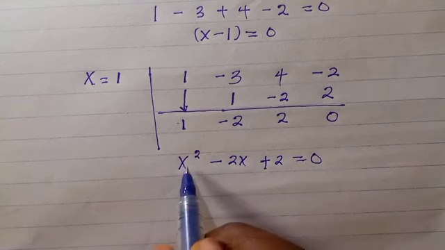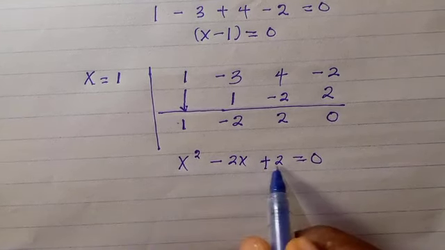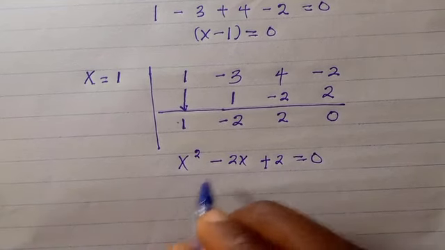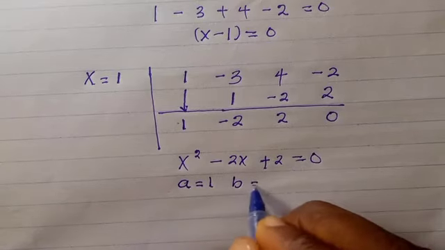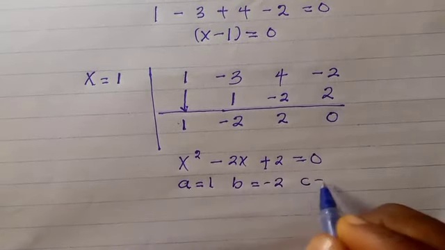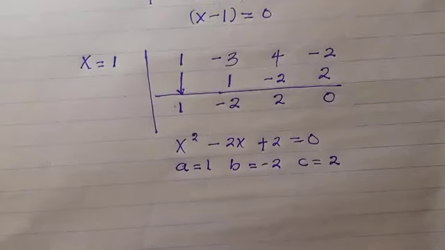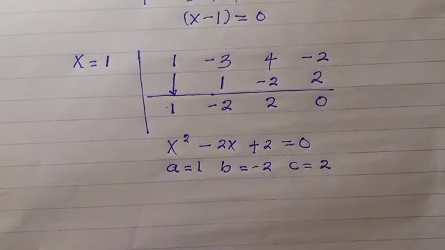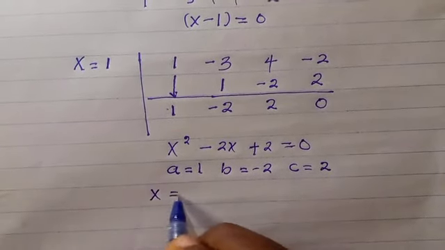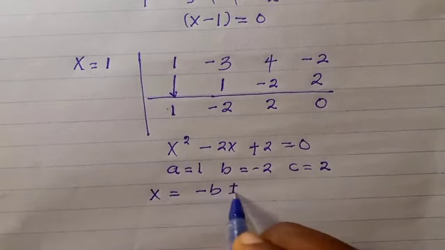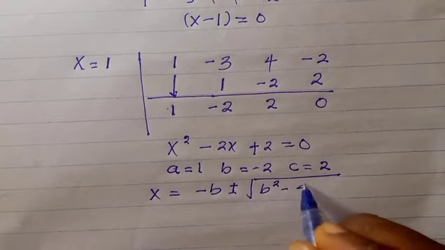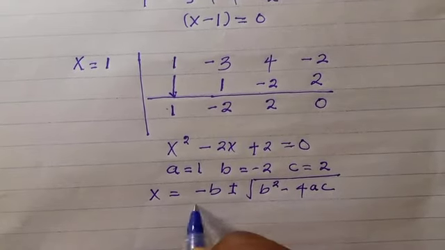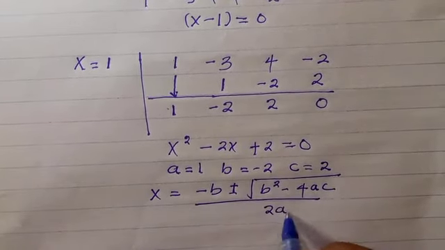Since this is x squared minus 2x plus 2 equals 0, we recall that a equals 1, b equals minus 2, and c equals 2. We plug all these into the quadratic formula, which is x equals minus b plus or minus the square root of b squared minus 4ac, divided by 2a.